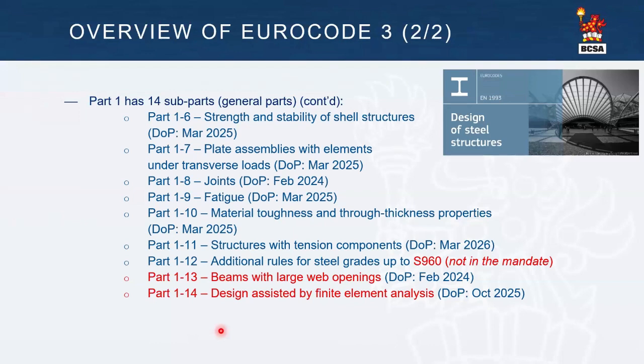And then in this slide, you can see 1.6 to 1.10, the same. And part 1.13, which is a new part for design of beams with large web openings, has also been published by the BSI. This year, at the end, part 1.14, which again is a new part for design assisted by finite element analysis, should be available later this year as well.